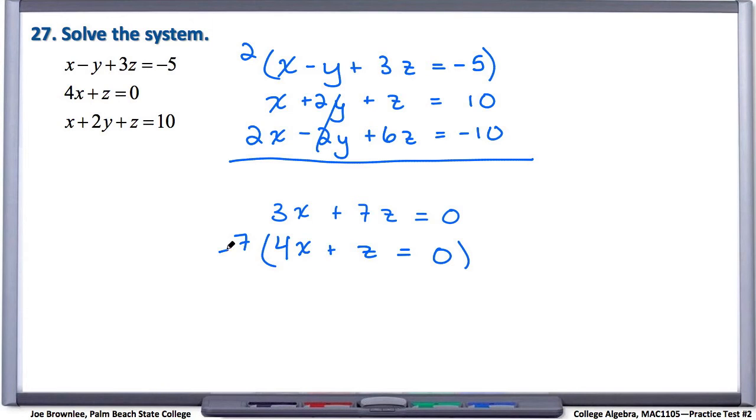All right. Negative 7 times positive 4x is negative 28x. Negative 7 times positive z is minus 7z. Negative 7 times 0 is 0.